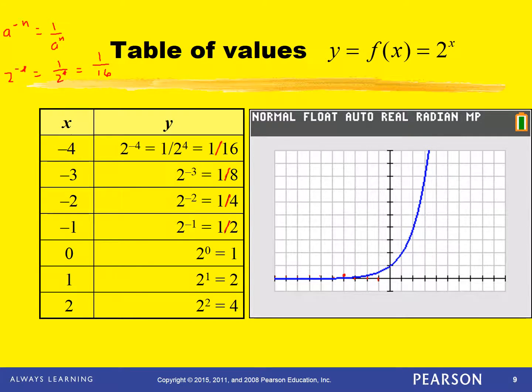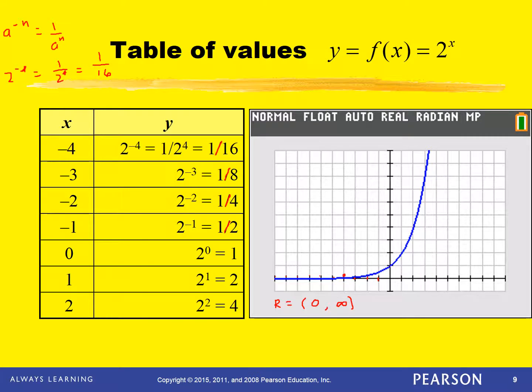That's why this graph never touches the x-axis, and why the range is the set of all positive real numbers. Range is the open interval 0 to infinity. It can't be 0, but it can be anything greater than 0.